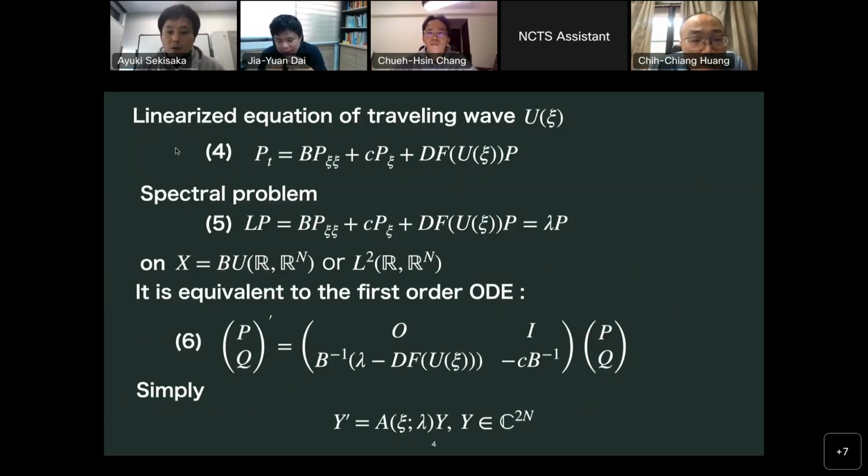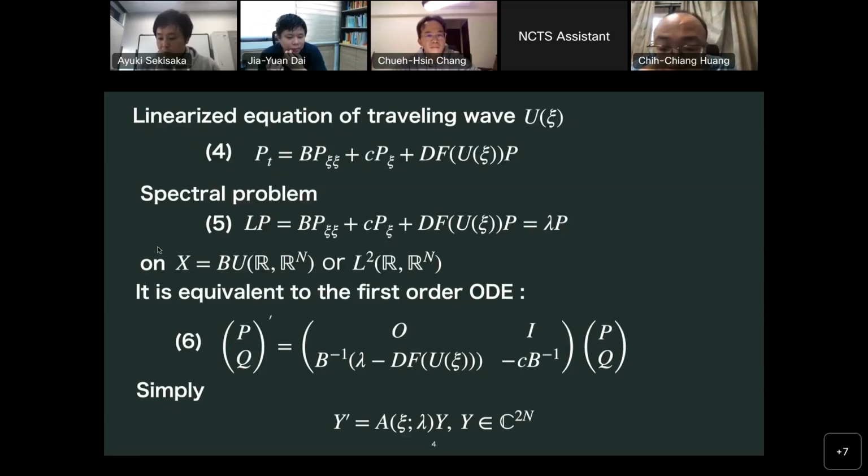Then the spectral problem of the traveling wave is given by the linearized operator defined by the right-hand side of equation 4. Equation 5 is the spectral problem of traveling waves.